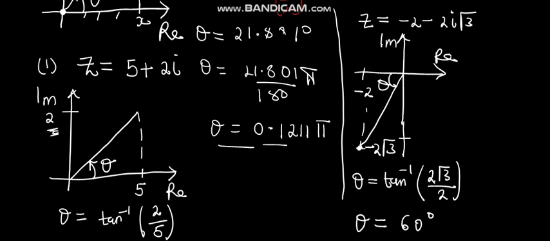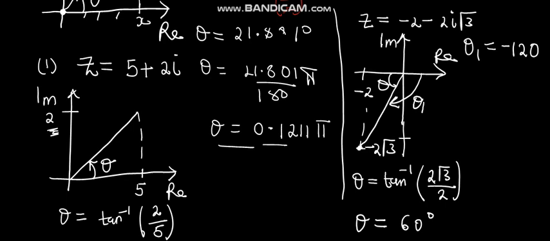Now this is 60. It is between this negative real axis and the line. We need this angle, which is theta 1, as our argument. So our argument theta 1 is equal to 90 plus 30, which is -120 degrees.